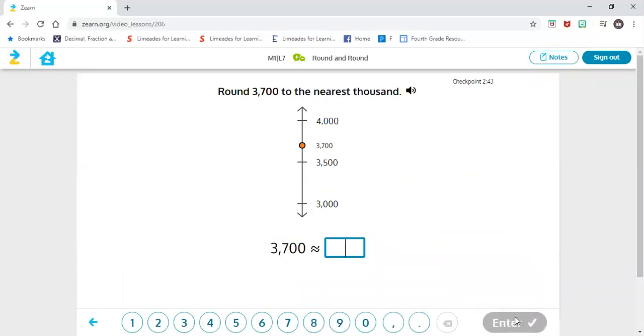Remember, our squiggly lines mean "is about." So I'm putting that 3,700 is about 4,000. Let me put my comma in there, because I did learn that when I write standard form, after each unit of numbers, I have to put my comma.